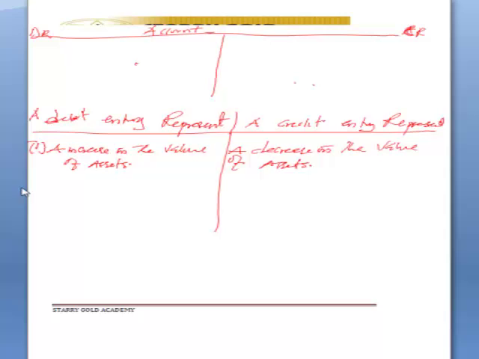Let's look at liability, because these are the elements of account. Two, in the case of liability, a debit entry indicates a decrease. The debit entry is a signal for a decrease in the value or amount of liability.